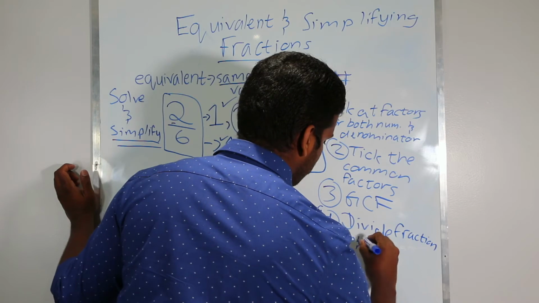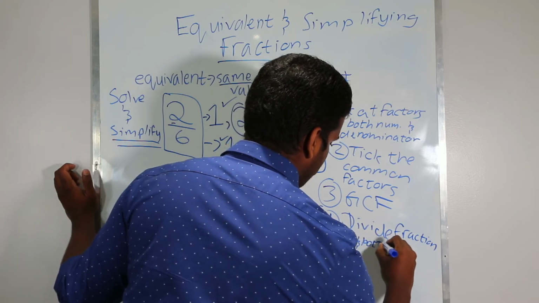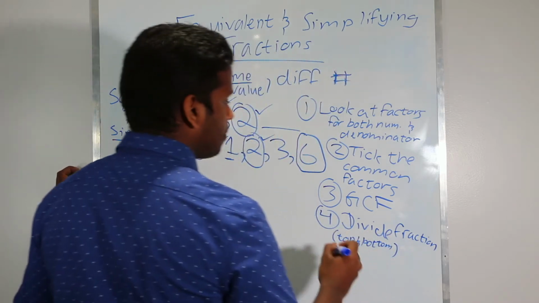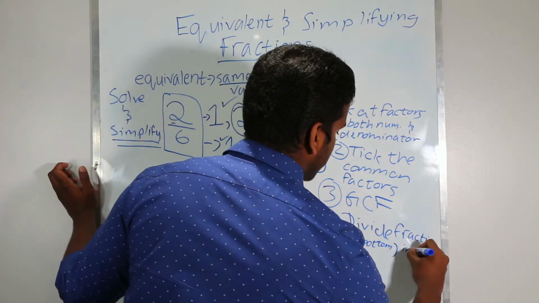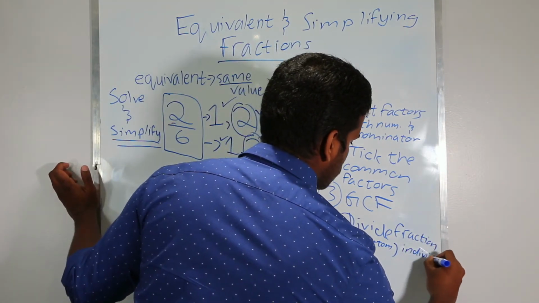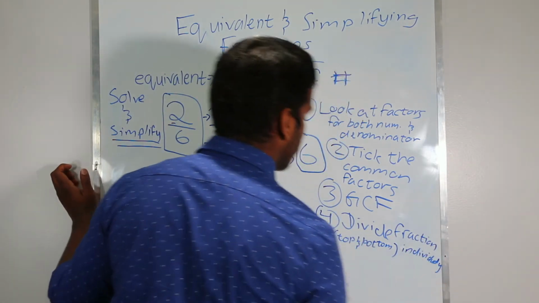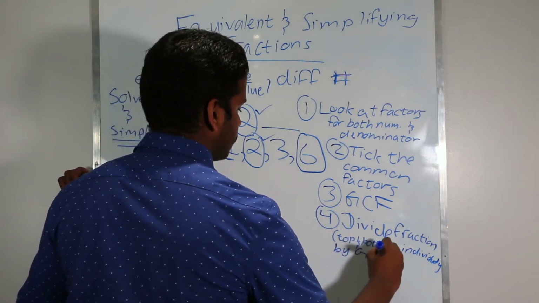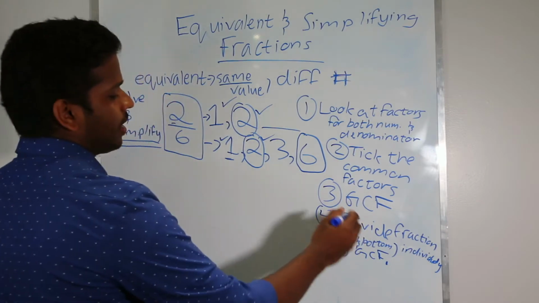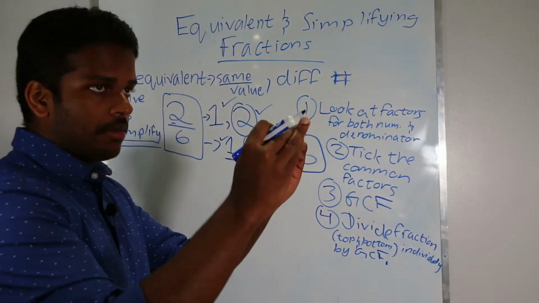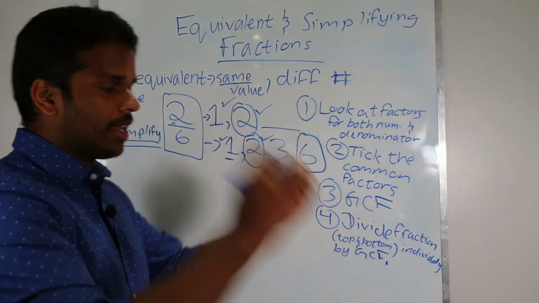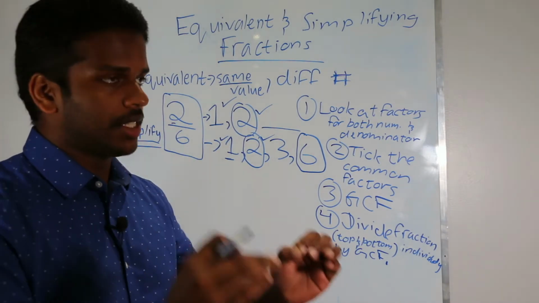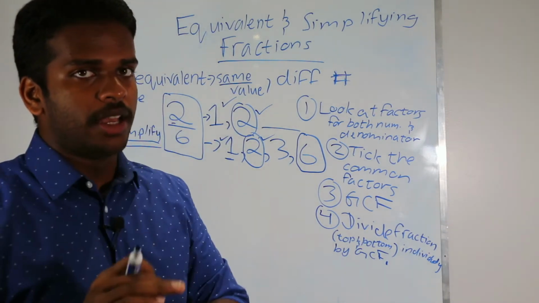Top and bottom individually by the GCF. Or divide the fraction, meaning the numerator, by the GCF, then the bottom by the GCF, and you'll get a separate numerator and a denominator.